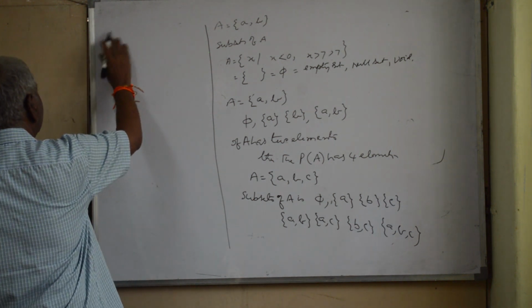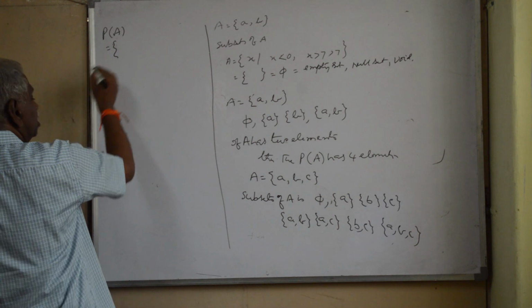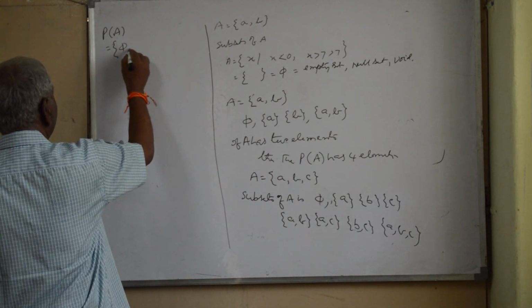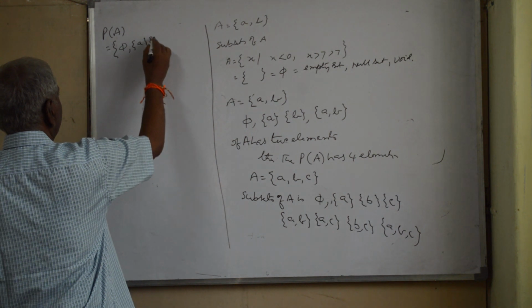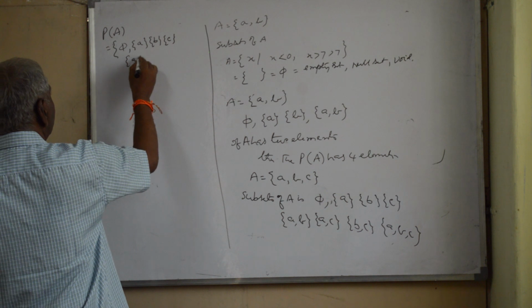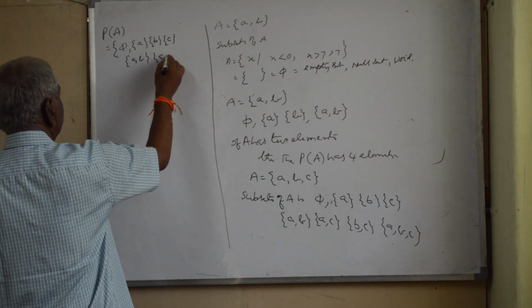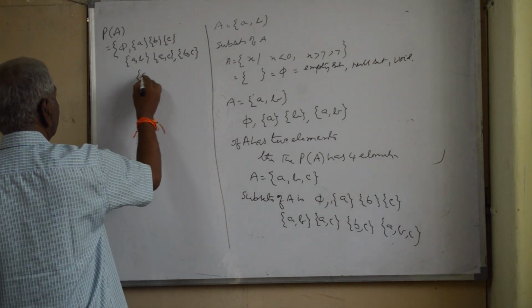Now we call it the power set P of A, the set consisting of phi, {a}, {b}, {c}, {a, b}, {a, c}, {b, c}, {a, b, c}.